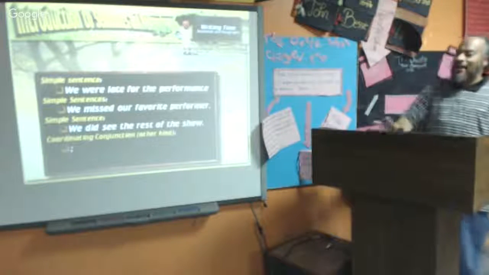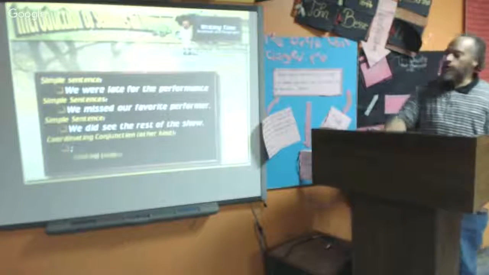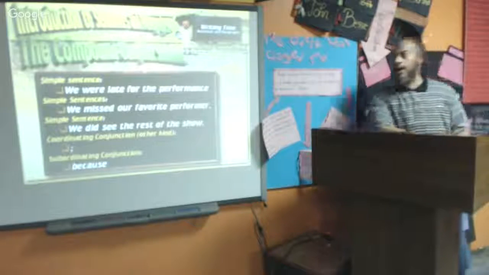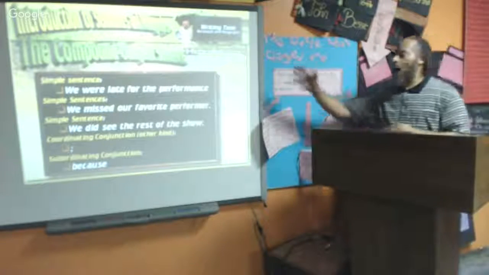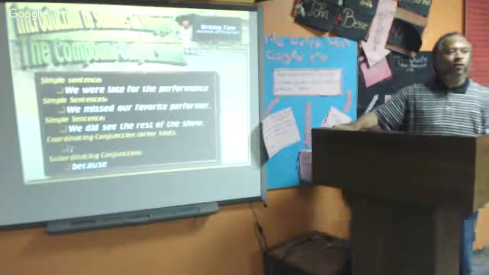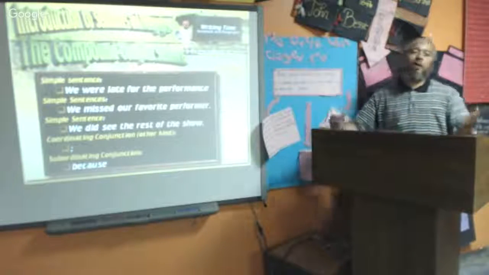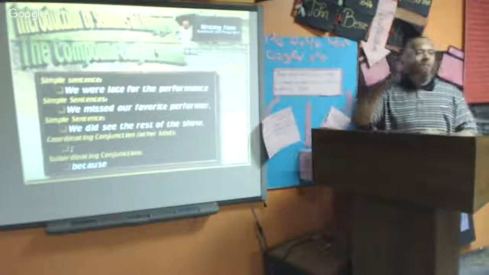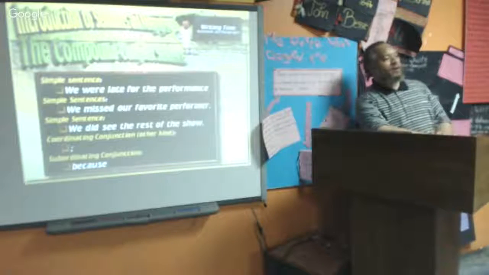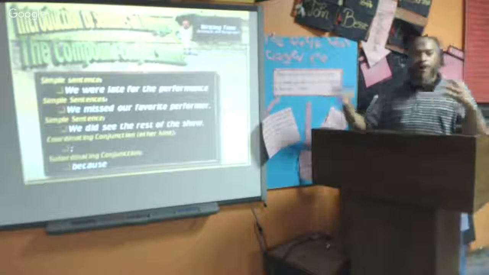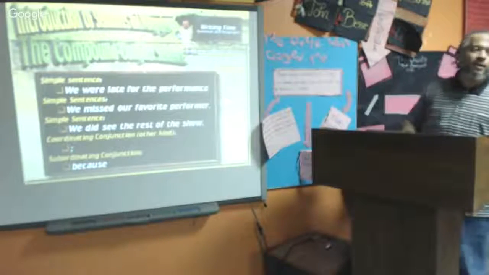We added a semicolon and we added a because, but of course you can swap the semicolon out with another one of the conjunctions that connect independent clauses, and of course you can swap the subordinating conjunction because with another subordinating conjunction based on what you're trying to say in the sentence.